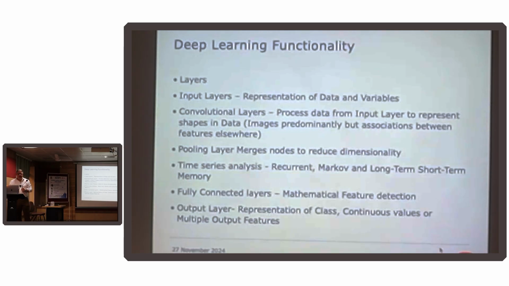Then we have fully connected layers. Shallow learning uses fully connected layers, or machine learning uses fully connected layers. Deep learning uses fully connected layers. Whereas a convolutional network or a time series analysis neural network is an encoder, the deep fully connected layers are the decoder part.